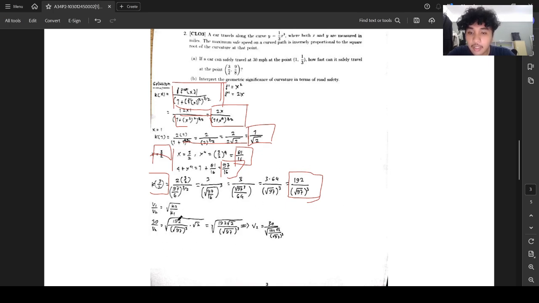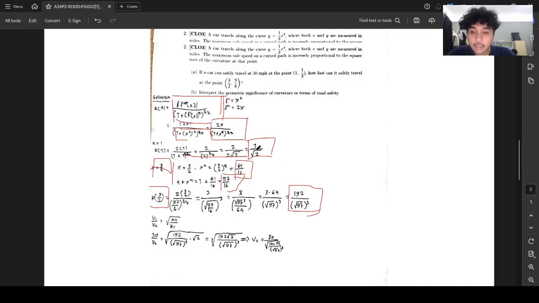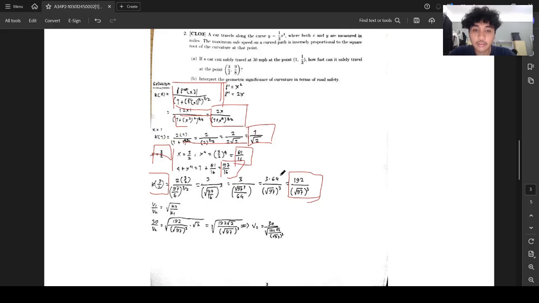So after this we're gonna implement it here. So times square of 2, this one. So as we know, v1 over v2 is equal to k2 over k1. So we start to calculate.